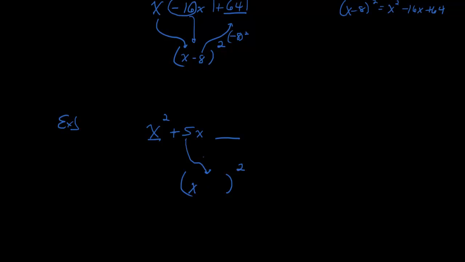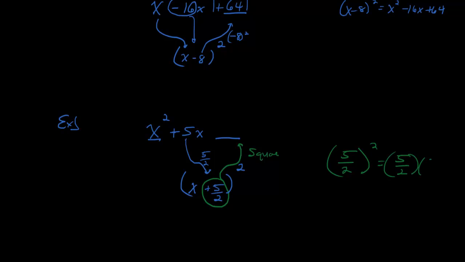And positive 5 divided by 2 gives you a value of positive 5 halves. Next, if I want to determine this extra value, this constant, I would take this value and I would square it. So 5 halves squared really is 5 halves times 5 halves, which gives me 25/4. So we can work with fractions. So I'd have to have a positive 25/4 there, and that would give us x plus 5 halves squared.